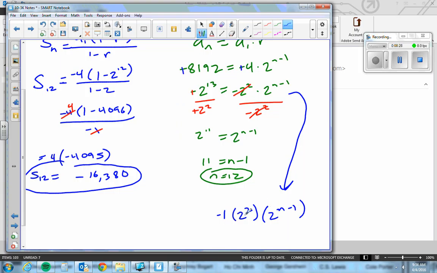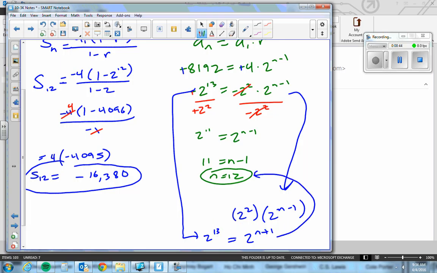When you combine these, that's just 2 to the power of n plus 1, because n minus 1 plus 2 is n plus 1. So from right here, you could have done that, and then setting the exponents equal tells you n equals 12. Actually, a little nicer way to do it. Once you got them all to be power forms, you didn't have to think of division. You could have just combined these. Anyway, questions about that one?